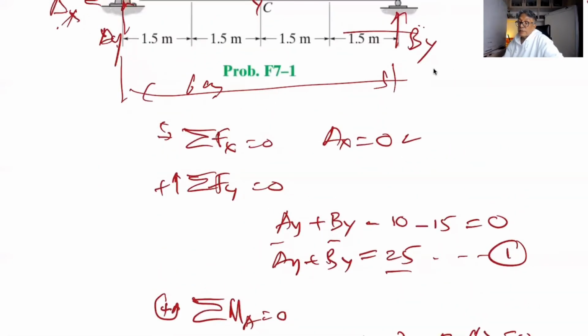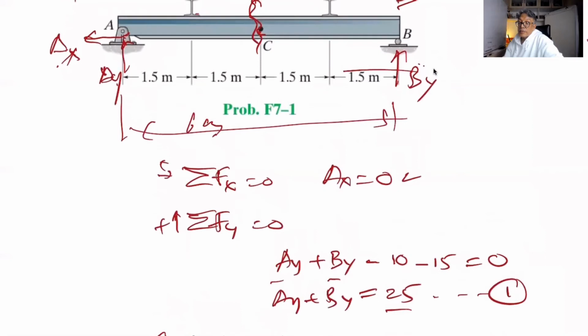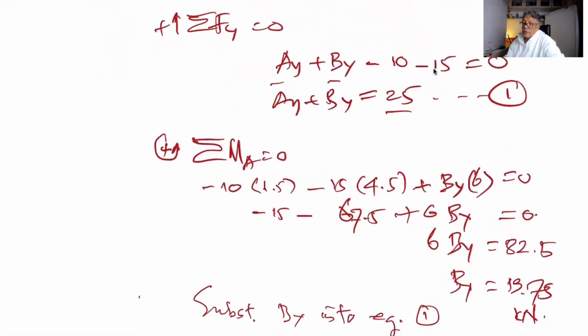And then let's take a moment at any location, at A or at B, the results will be the same. So I would like to take it at A, sigma MA equal to 0.